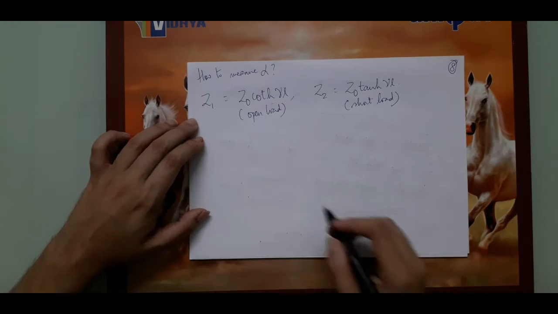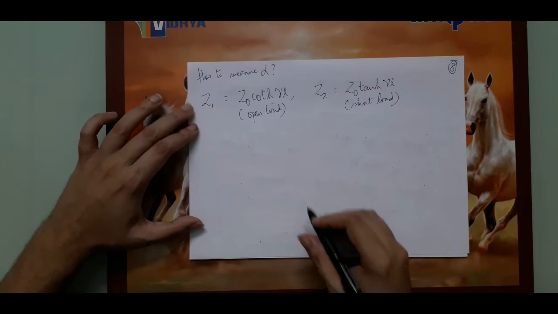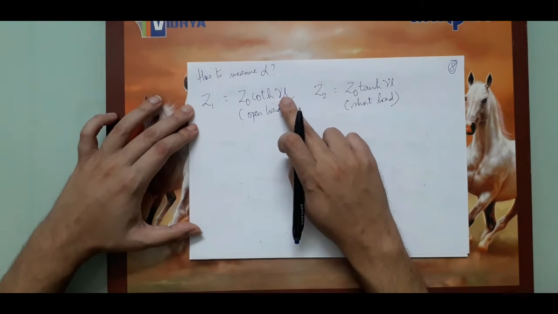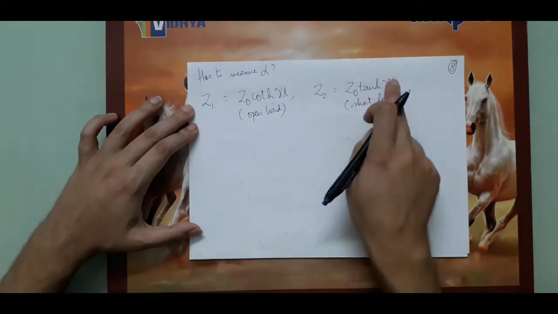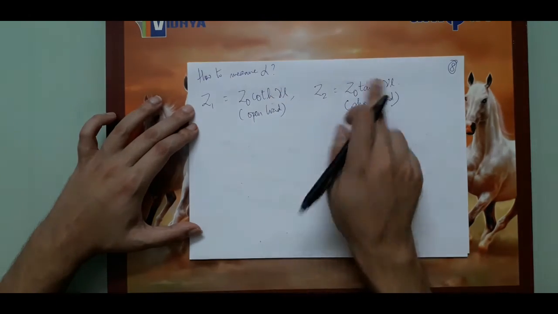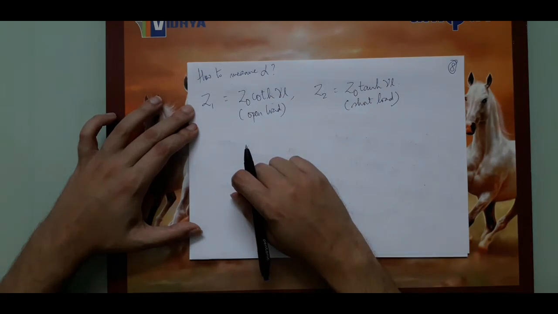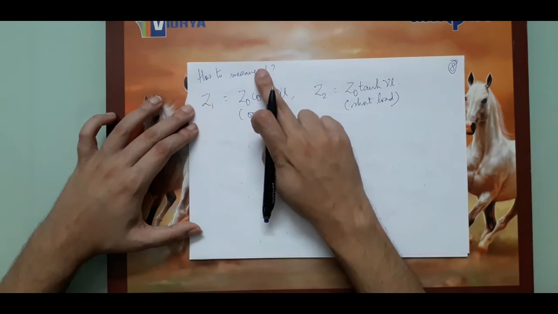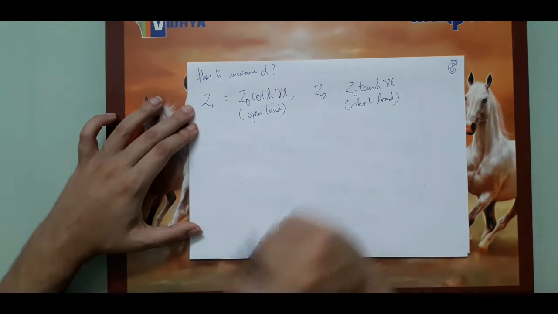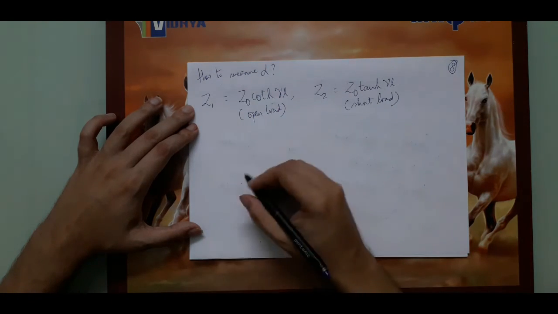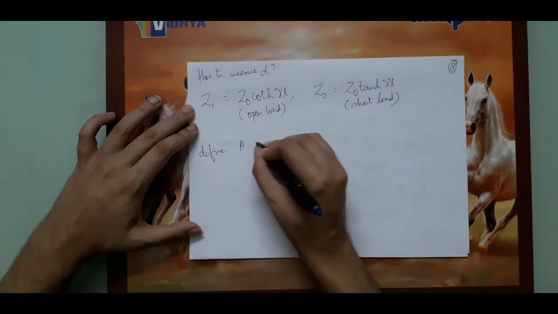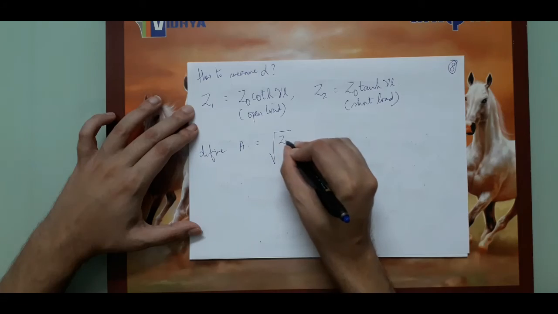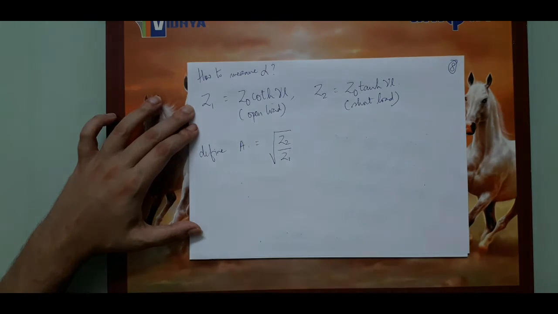Now, let me define a quantity where I can get rid of Z0, but I cannot get rid of gamma, because gamma is the quantity we want right now. We want to measure alpha, and alpha is a part of gamma. So define some quantity A, that is nothing but the square root of Z2 by Z1.